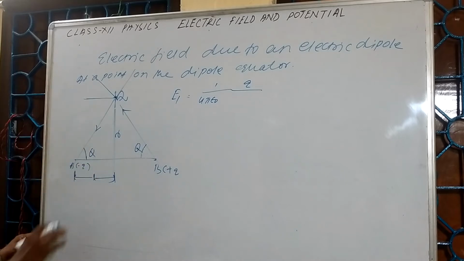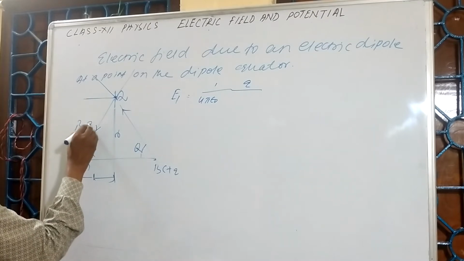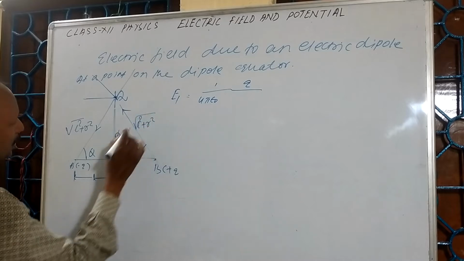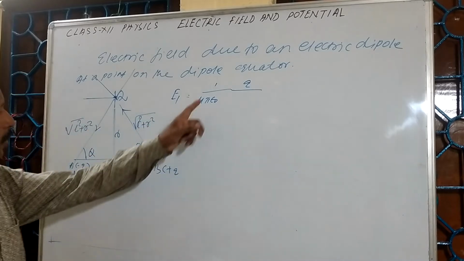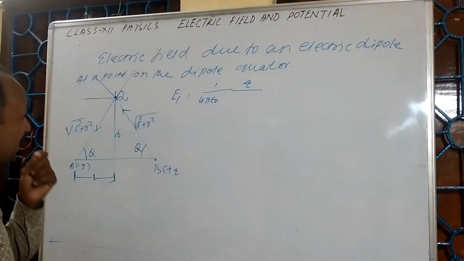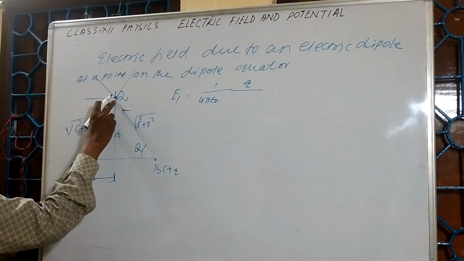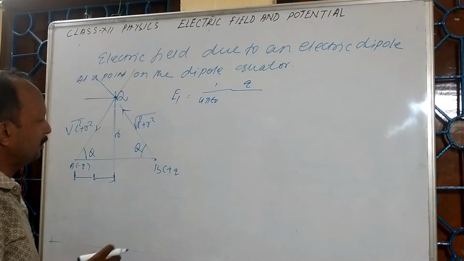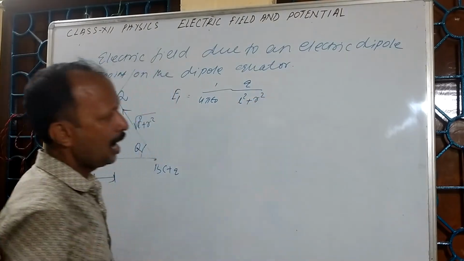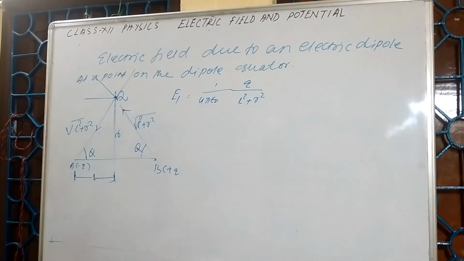According to Pythagoras theorem, this distance will be the square root of l square plus r square. So 1 upon 4 pi epsilon naught q divided by the distance square, that means I can write l square plus r square.